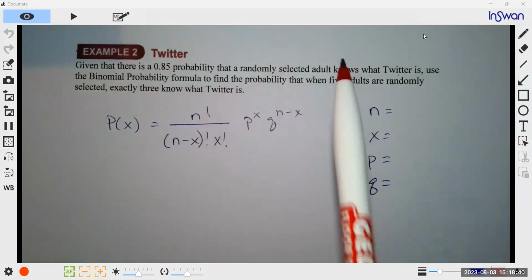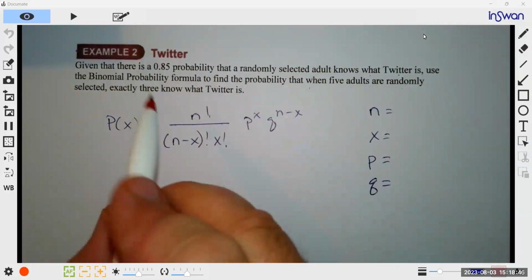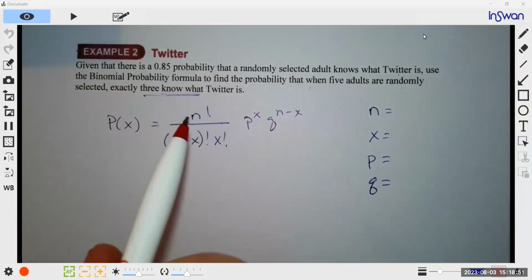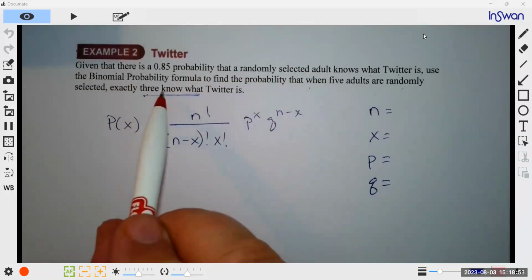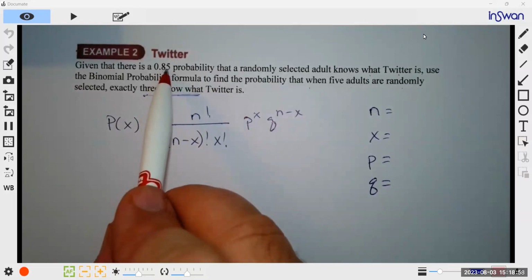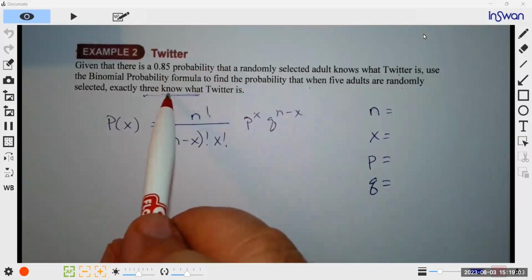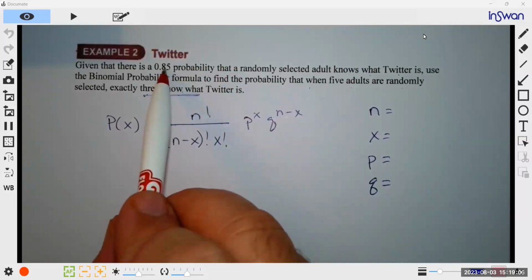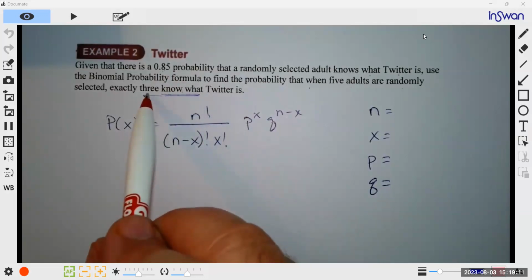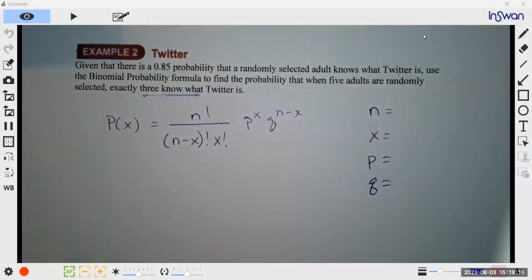Use the binomial probability formula to find the probability that when 5 adults were randomly selected, 3 know. So we're looking at those who know. Because this is important, because what if we're looking at 3 people who do not know? That would not be the success value, because this is when people know what it is. If it said do not know, we want the opposite of that, which is 0.15. So it's whatever the question is looking for. We want people who know, 85% of people know, so that's how they go together.